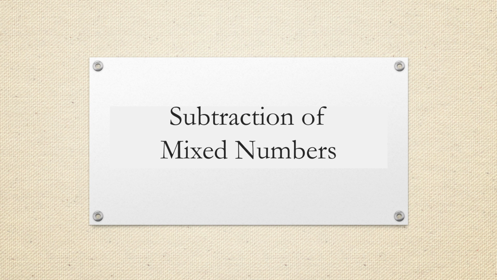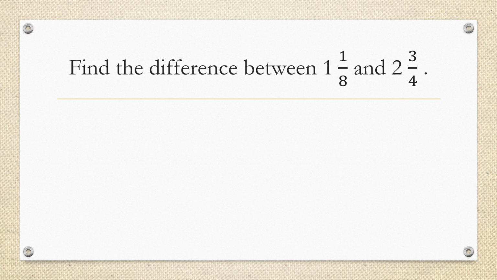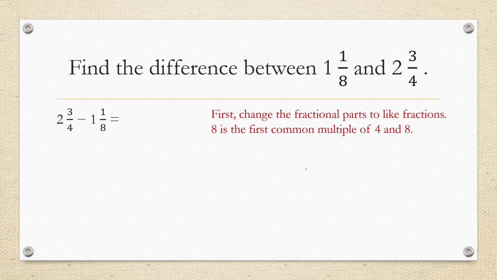Moving on to subtraction of mixed numbers. Find the difference between 1 1/8 and 2 3/4. So in this case, they're asking for you to use 2 3/4 minus 1 1/8. Similar to the previous addition of mixed numbers, we first have to change them to like fractions.